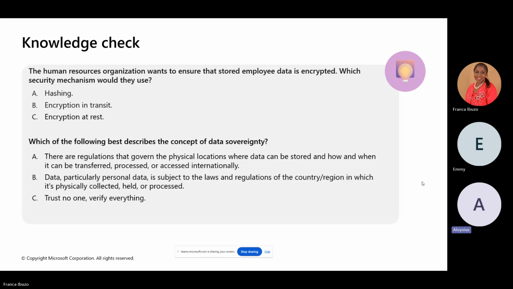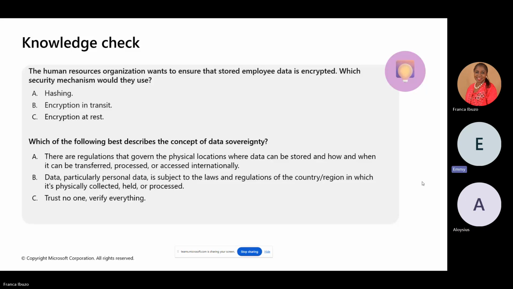Okay, let me go by A anyway. So you're now saying A. Yeah, A. So why did you change your mind? I said that A gives a clearer view of what data sovereignty is, though B is close.